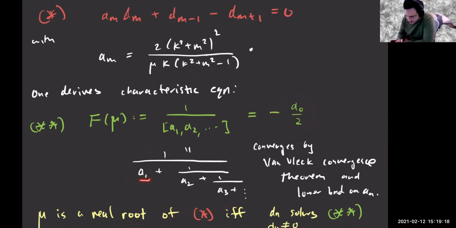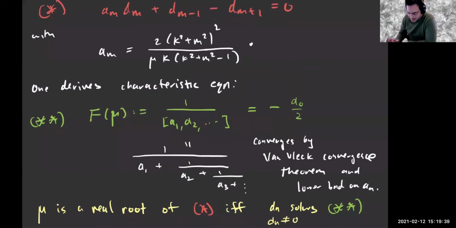And note that each element here, A1, A2, A3, A0, is explicitly given in terms of mu and n, where k is alpha n. So they're explicit functions of mu and n, and it depends on m in this way. So now the difficulty is only to construct a real root of this equation.